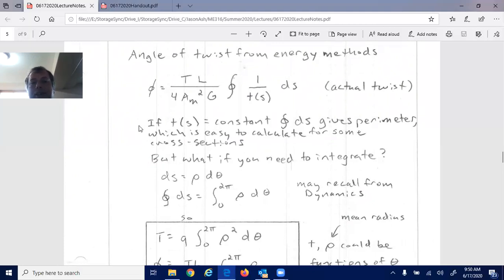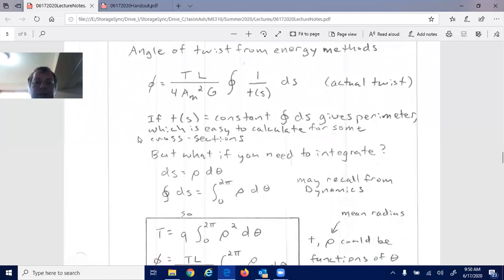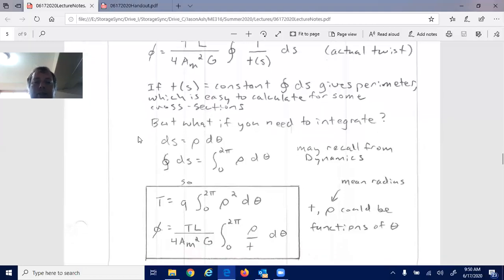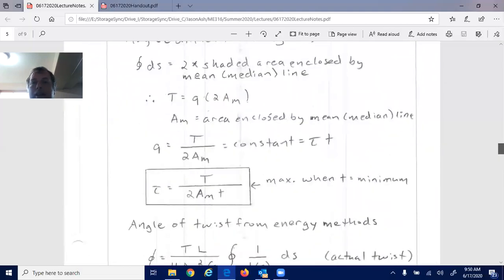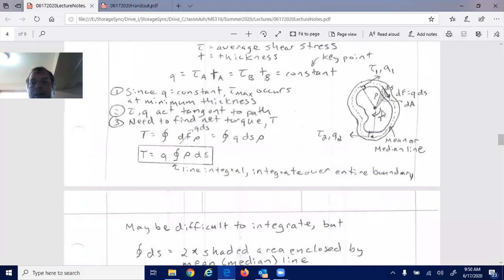But what if you do need to integrate either one of those expressions for calculating the torque or the angle of twist? The main thing to remember is that ds is equal to rho d theta, and you can look at that from this figure as well. ds is the line length, rho is your radius, and d theta is that small angle for the shaded region.